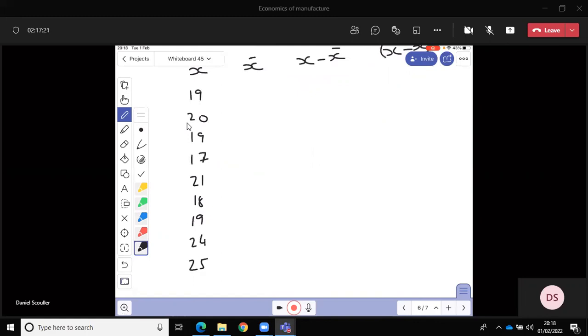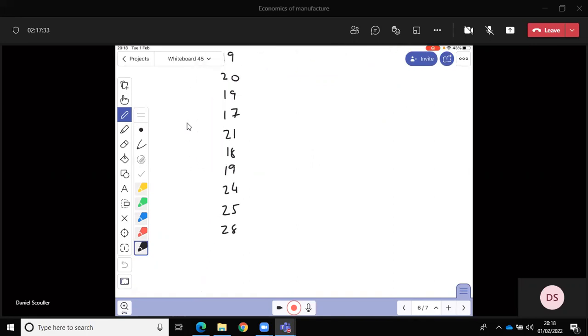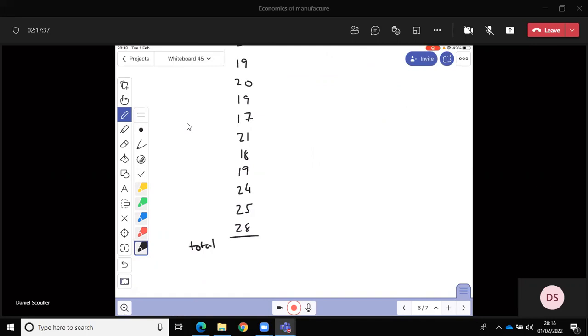So during the exam, just count 1, 2, 3, 4, 5, 6, 7, 8, 9, 10. Make sure you've got an equal amount of numbers. Remember, total that up. Just stick that in your calculator. You should get 210.